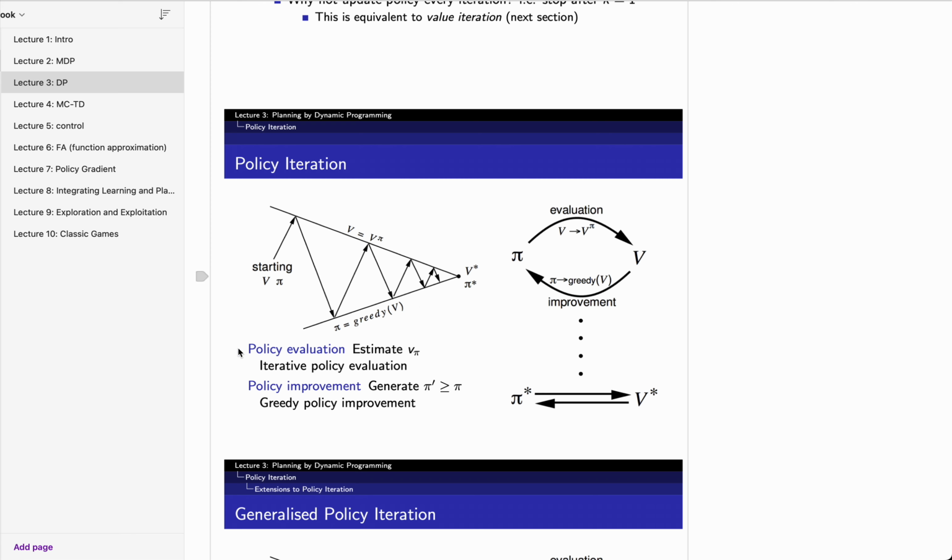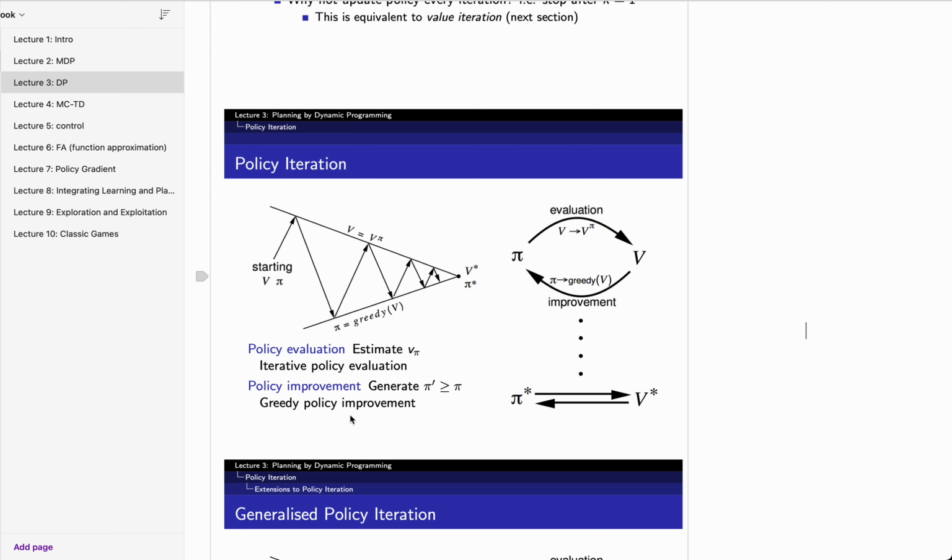The loop has two parts. You're constantly evaluating the state value functions under policy pi, okay? And then from the current state, moving to the next states, which next state should I move to? And then you generate a better policy from the previous policy.